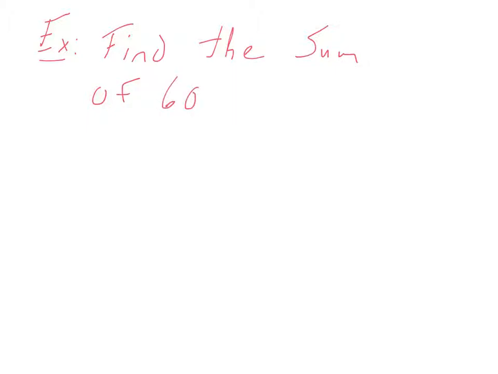Now, given the explicit formula of the arithmetic sequence for the nth term, if we're just given the terms of the sequence, so find the sum of 60 plus 64 plus 68 all the way to 120.